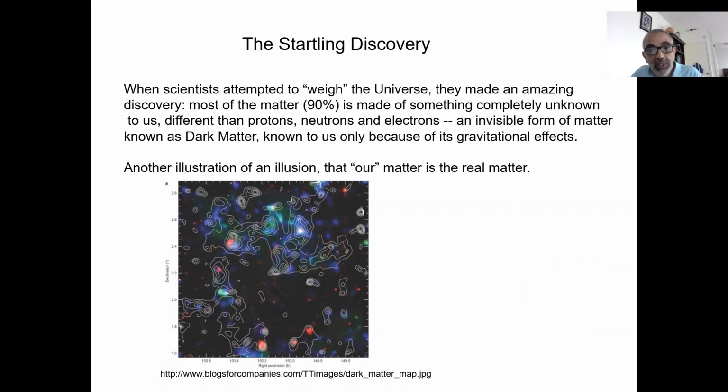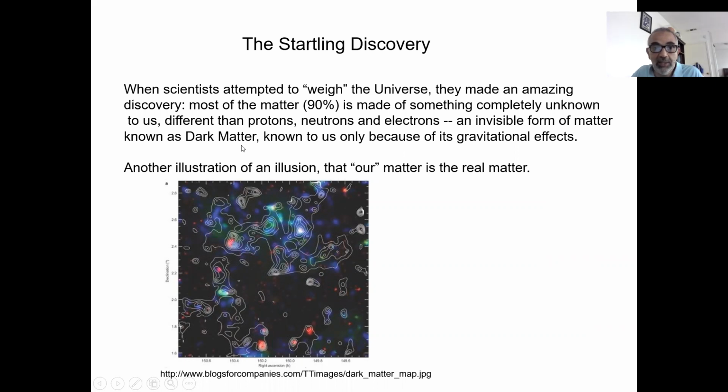But it turns out that between all of the ordinary matter, and in fact, vastly outweighing all the ordinary matter, is something entirely unknown to us, and that is dark matter. And it's called dark matter because we have no idea what it is. It's an invisible form of matter.